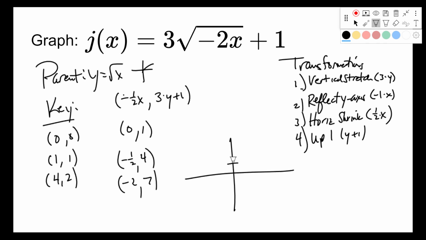Make our graph 0, 1, negative 1/2, up 4, and then negative 2, up 7. And my graph now looks like that. That's the correct answer. And that's how you do this.